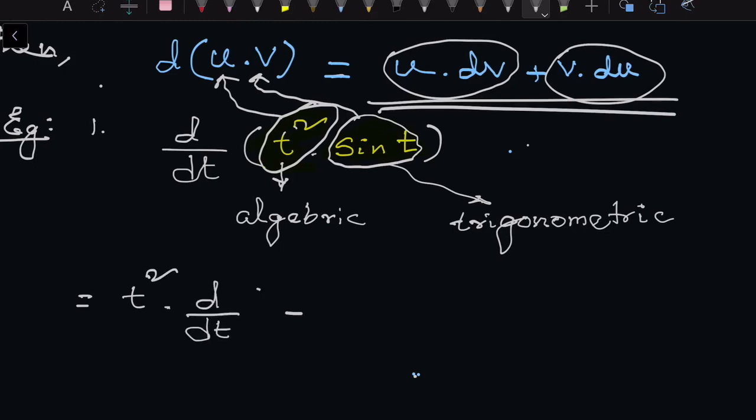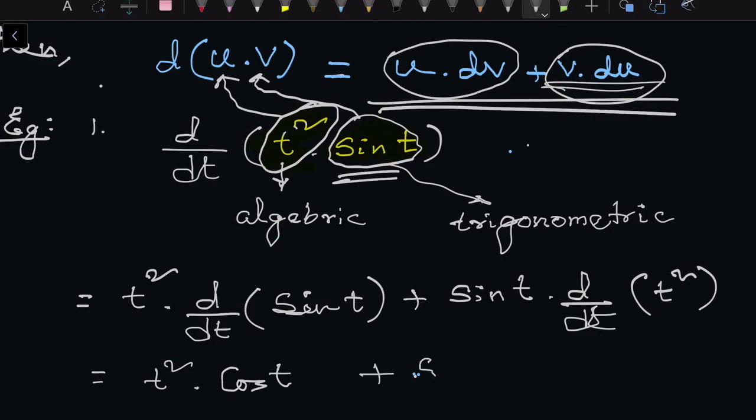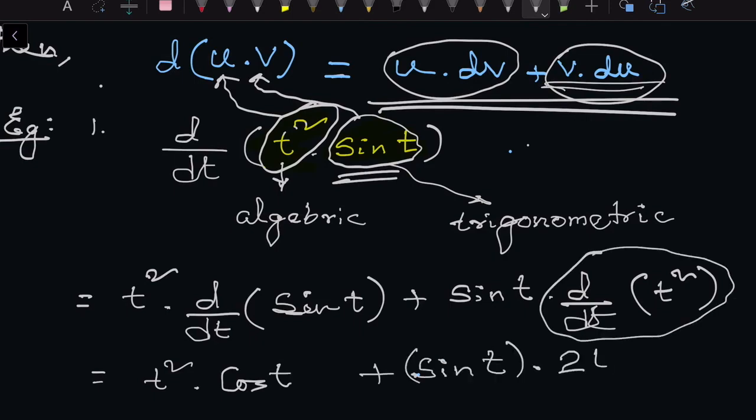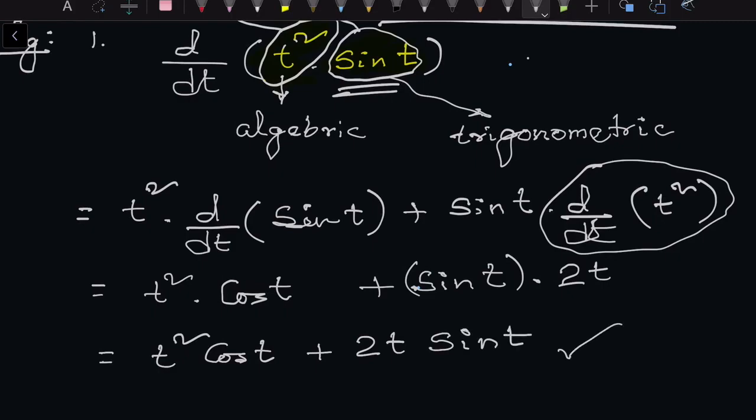We will keep u intact, unchanged, and then we will differentiate the second one, plus we will keep the second one unchanged and differentiate the first one, that is t square here. So it will become t square cos t plus sin t into 2t. t square differentiation will become 2t. That easy it is. 2t sin t.